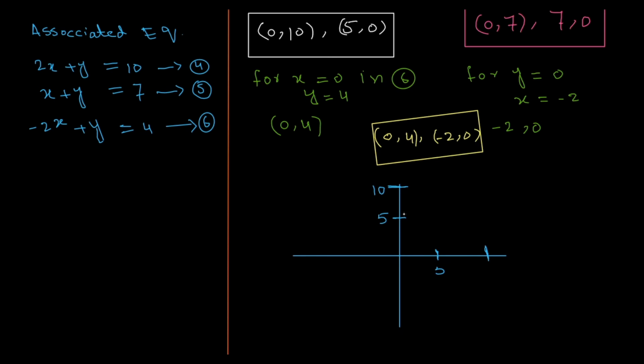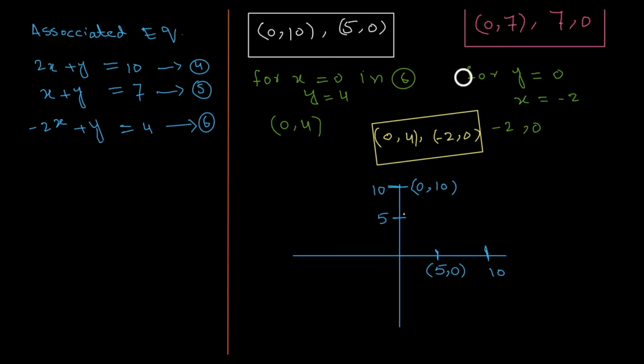So (5, 0) is here, and it means that our one line will pass through these points.